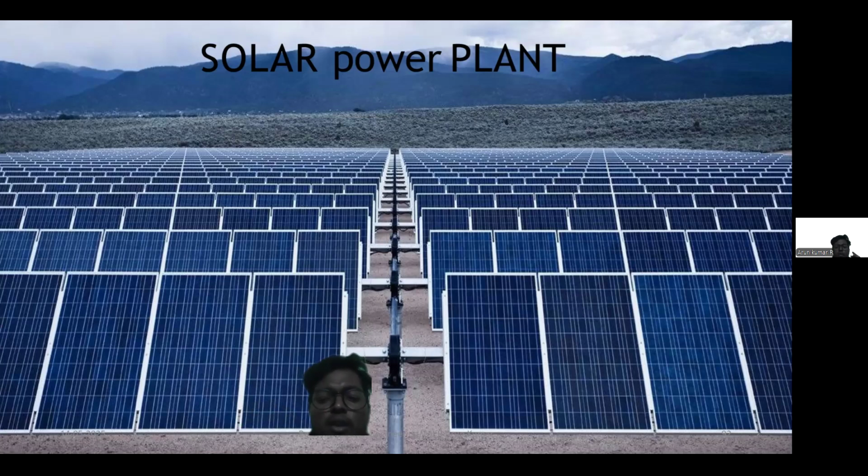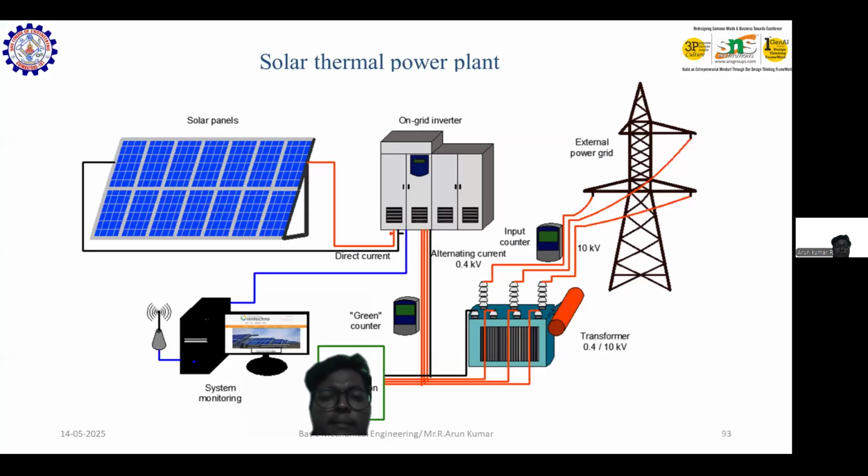The solar power plant works on the sun. The sun is the heating energy, and that heating energy strikes the solar panel. The solar panel extracts the heat, it can be stored, and it is converted into electric energy.